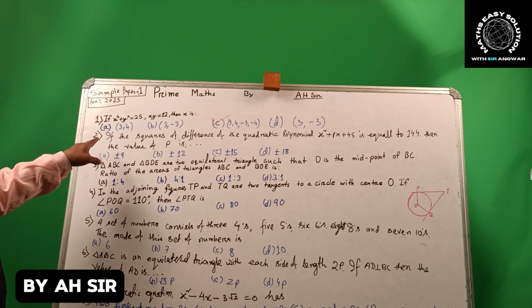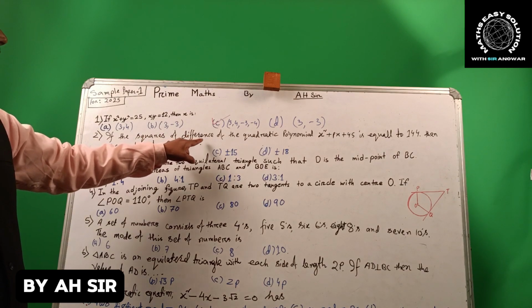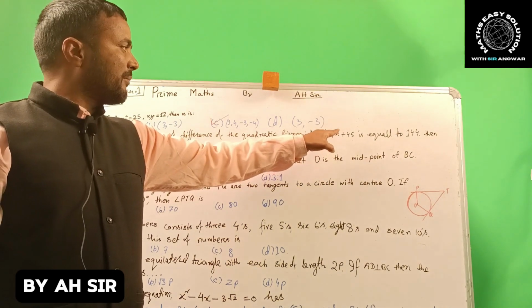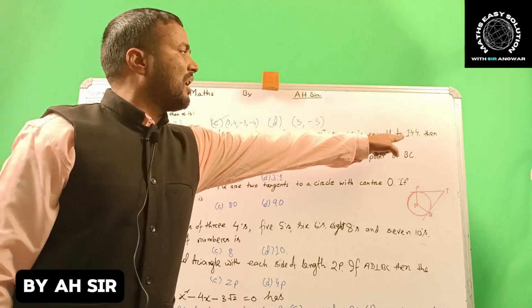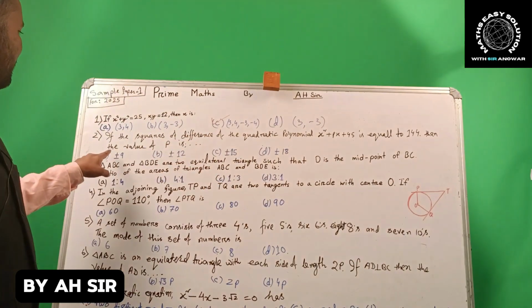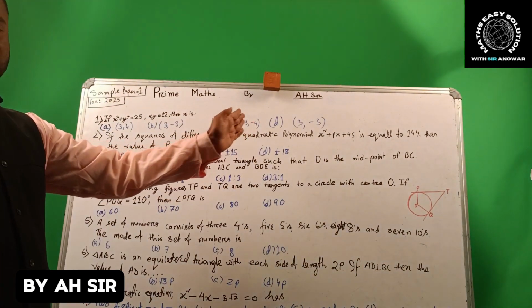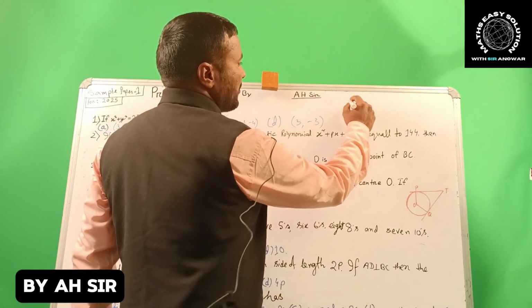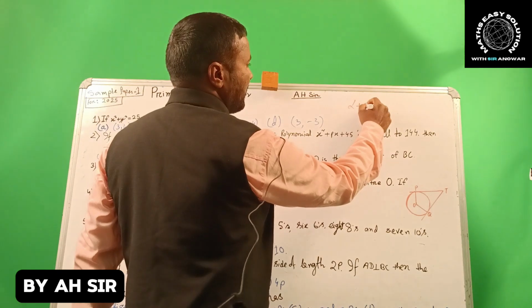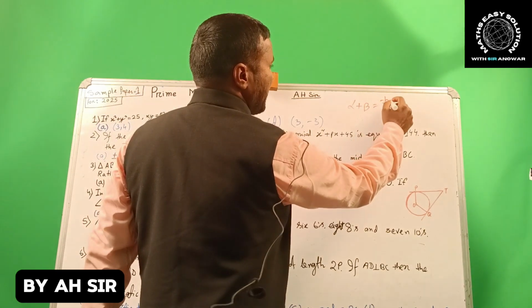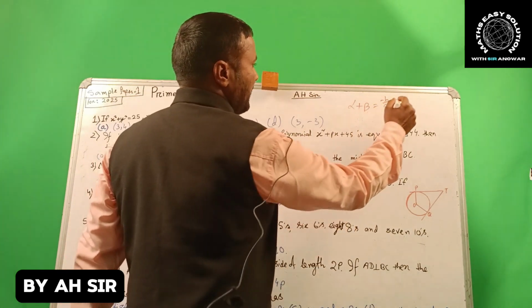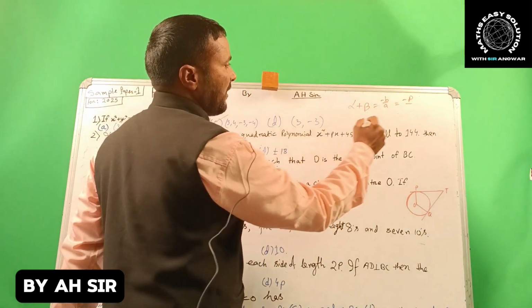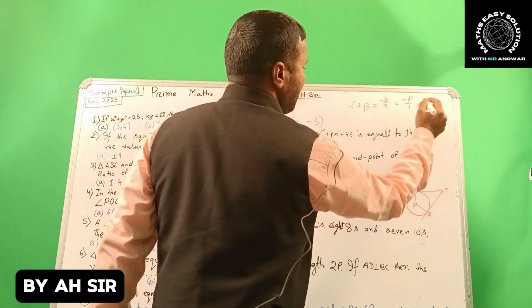Now come to number 2. If the square of the difference of the zeros of the quadratic polynomial x square plus px plus 45 is equal to 144, then the value of p is which one? This one let me solve a little bit. As you know, the two zeros, if I consider alpha and beta, alpha plus beta is equal to minus b by a. Minus b will be p here, and a along with x square is 1, so it becomes minus p.